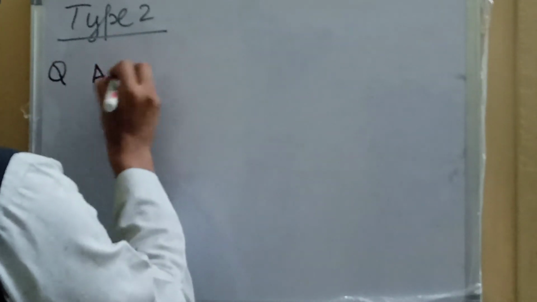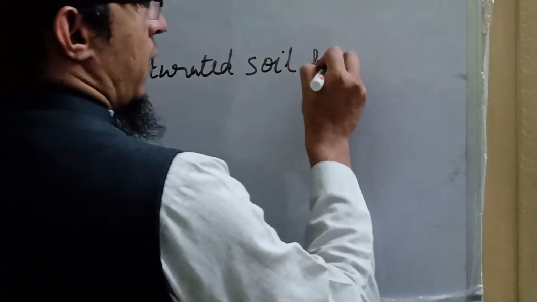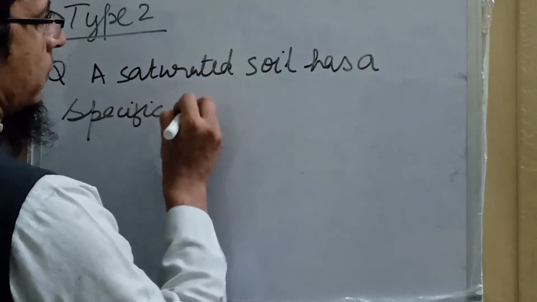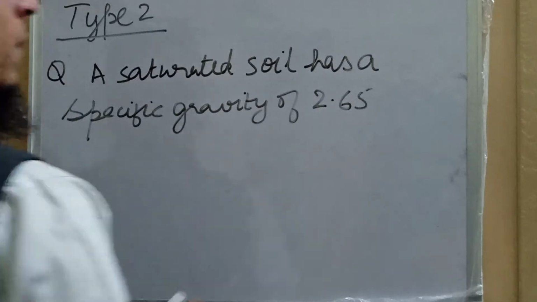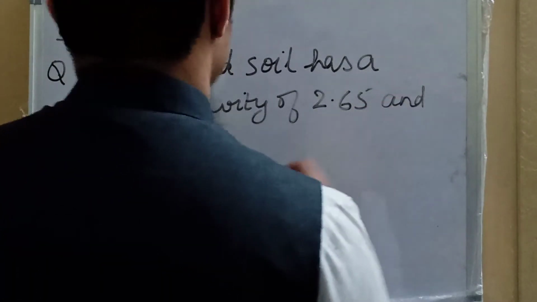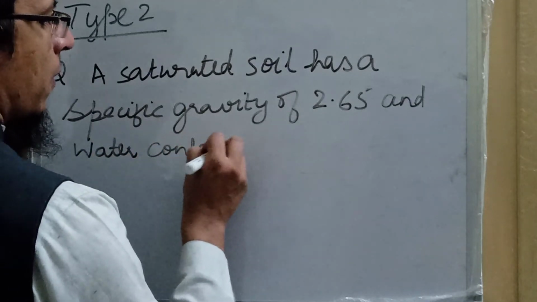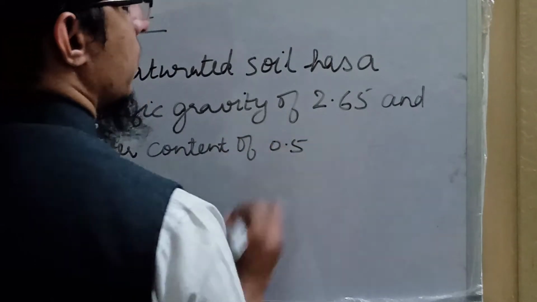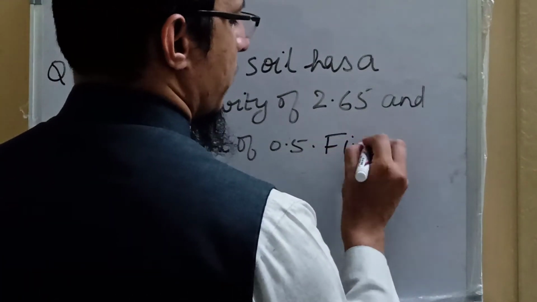Simply we can discuss one case: a saturated soil has a specific gravity of 2.65 and water content of 0.5. Find the void ratio.